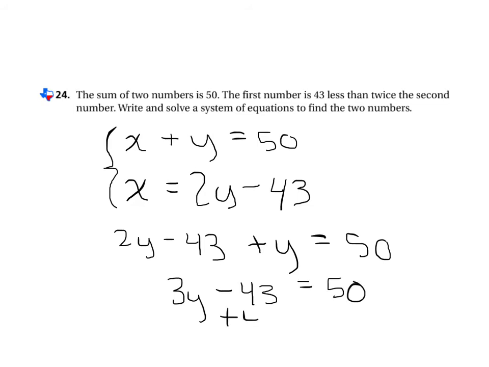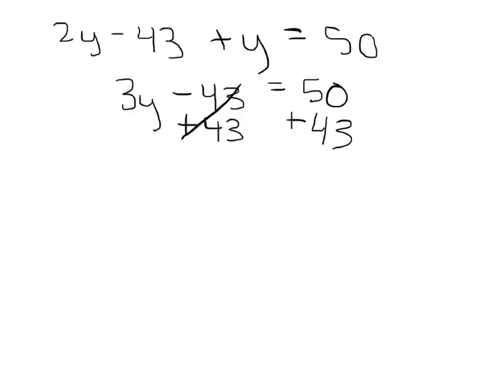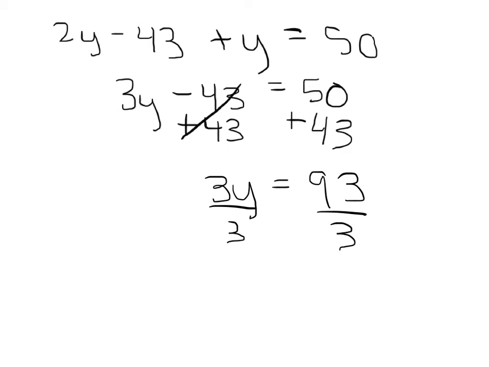Then you would add 43 on both sides, cancels, plus 43. Then you have 3y equals 93. So to get the value of y, you would divide by 3. And 93 divided by 3 is 31. So you know that y equals 31.